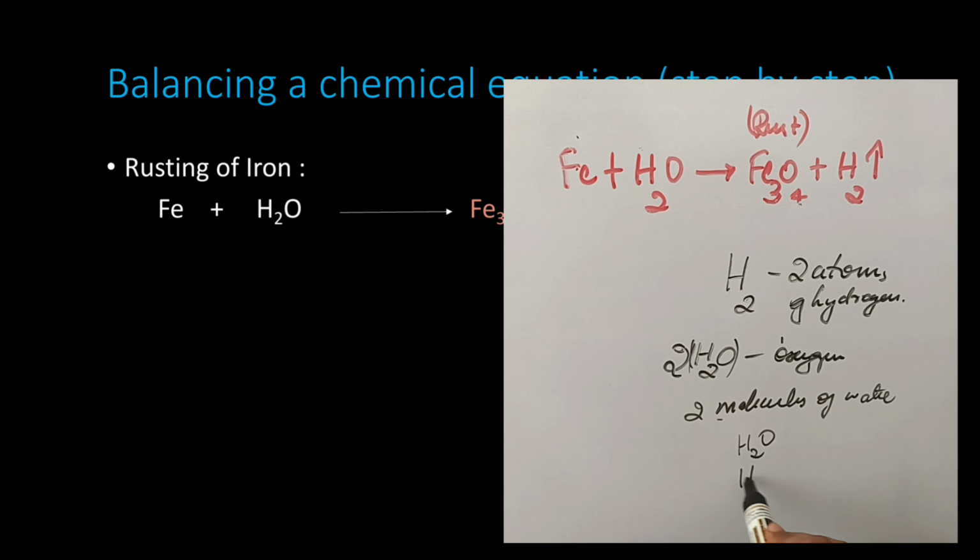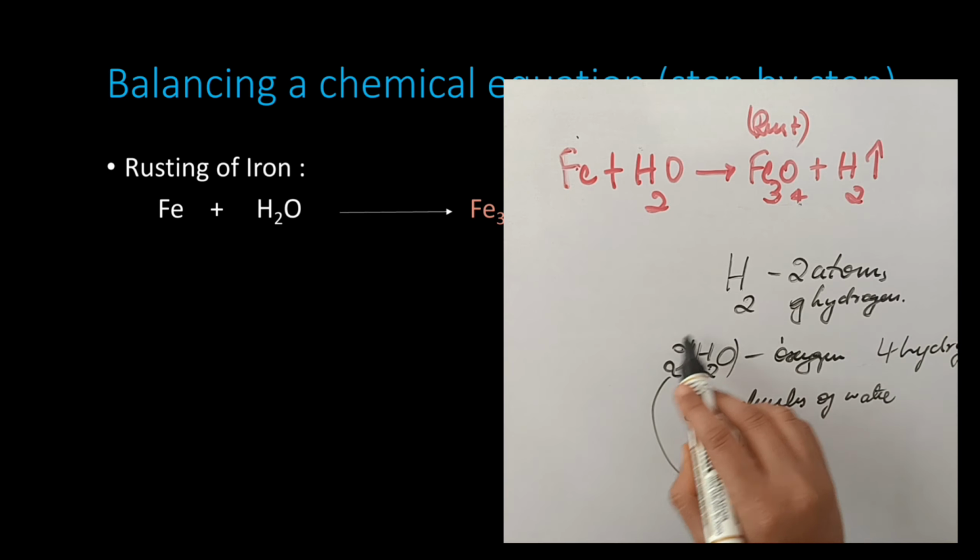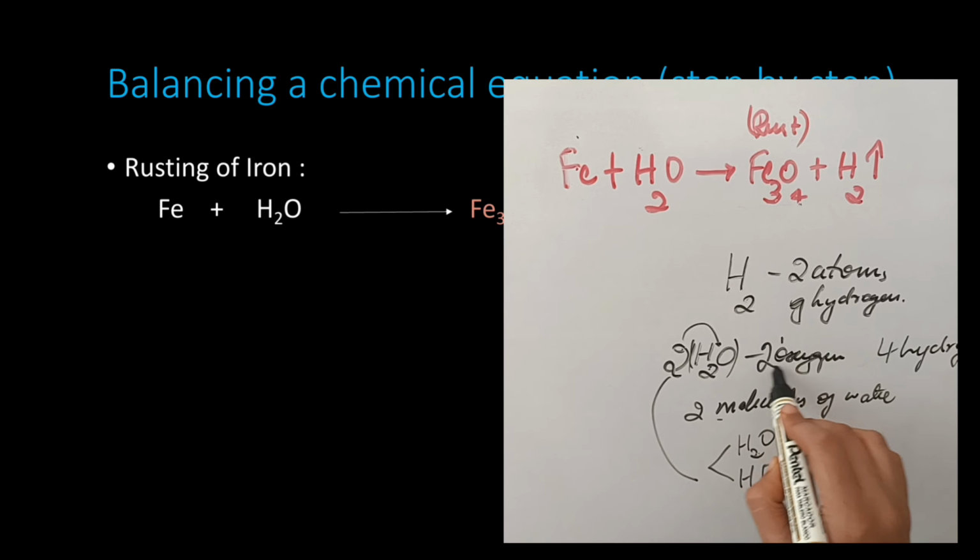H2O and H2O are the 2 molecules of water formed. So there are 4 hydrogens. That's why 2 into 2, you have 4 hydrogens here. And 2 into 1, 2 oxygen here. Right? This is how you count.